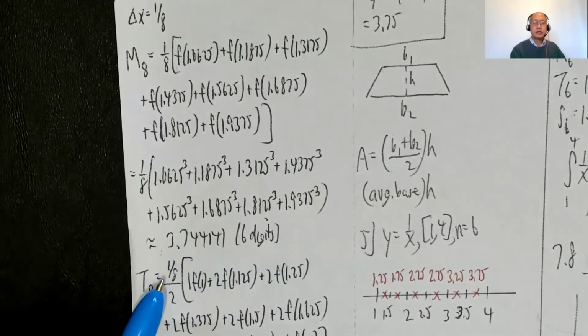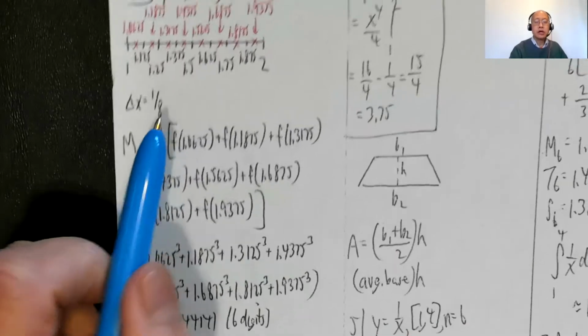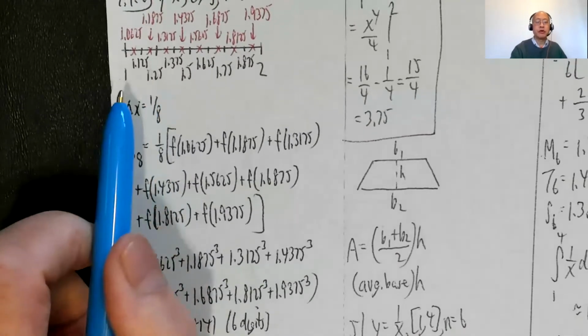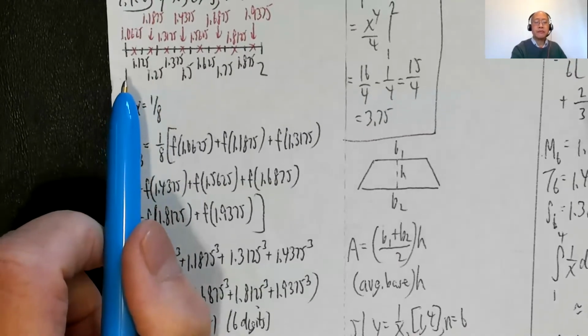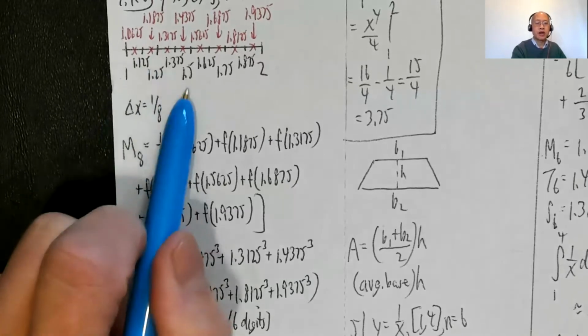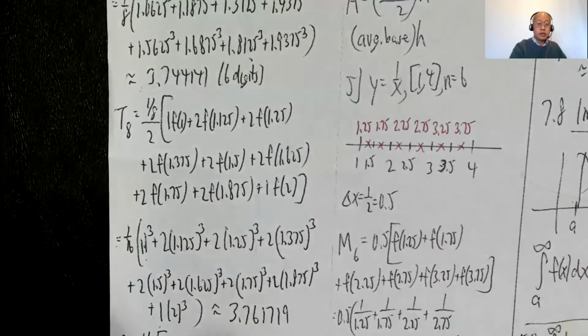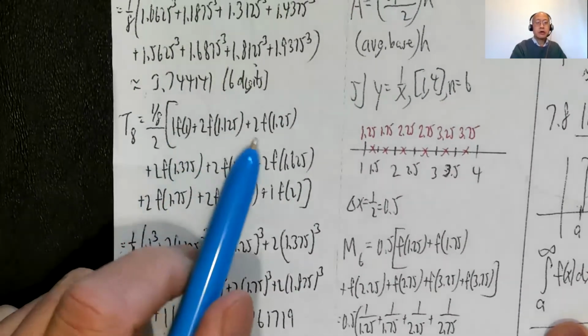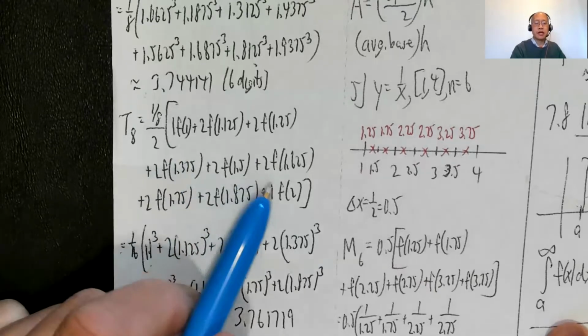Trapezoidal rule, delta x over 2, 1/8 divided by 2, which comes out to be 1/16. Do not pick the midpoints, just the endpoints. So there are 9 endpoints. Notice 8 midpoints, but 9 endpoints: 1, 2, 3, 4, 5, 6, 7, 8, 9. So it's 2 times all the in-between guys, but only 1 times the beginning and the end.